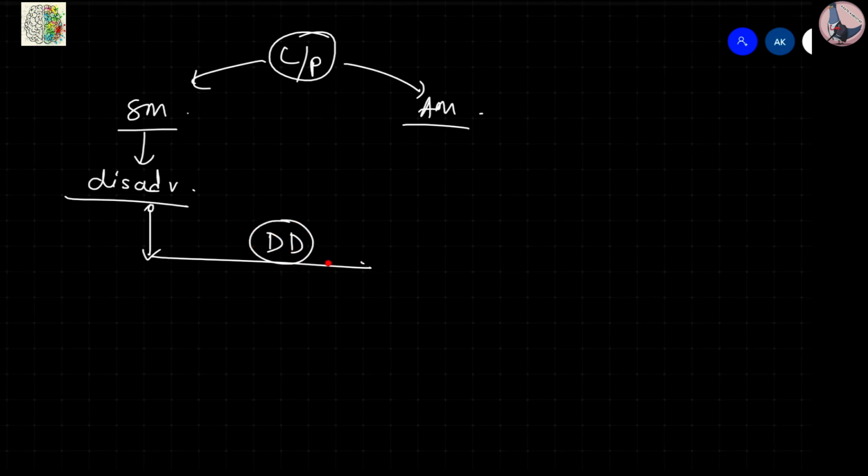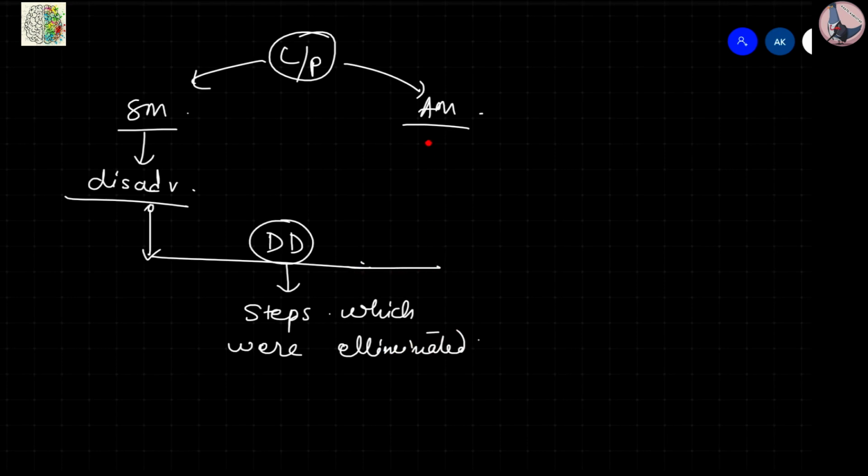This digital database gave an idea to other scientists. It gave the necessary steps, what steps were eliminated or are to be eliminated. So it gave an idea, and by this the additive manufacturing method came into picture.